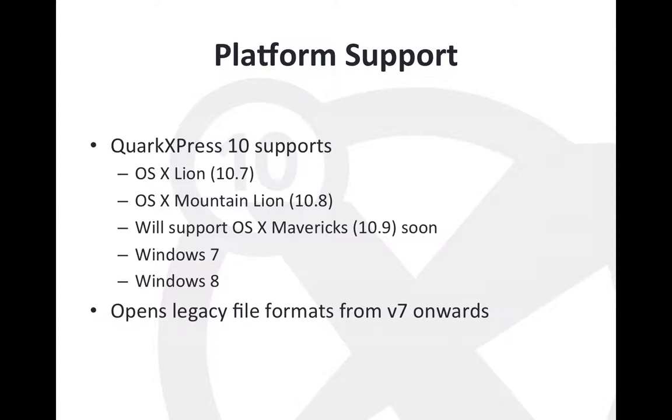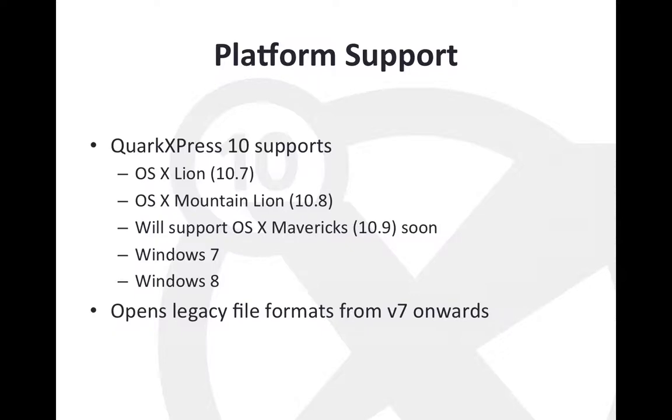I expect that you've probably heard this news already, but one of the things that we had to do when we moved to Cocoa with QuarkXPress 10 was take a hard look at legacy file support. There's an enormous overhead within an application to be able to support files that go back 20 plus years. And with version 7 being such a big change for us in terms of file format, the move to Unicode, the addition of features like transparency, that seemed like the right and the most sensible place to make that cutoff.